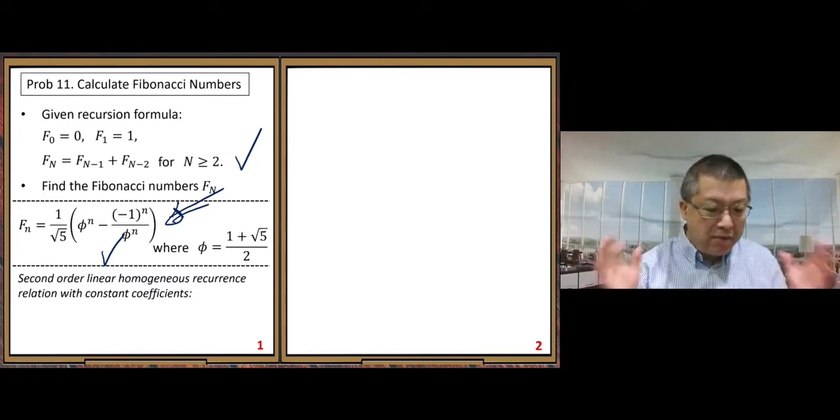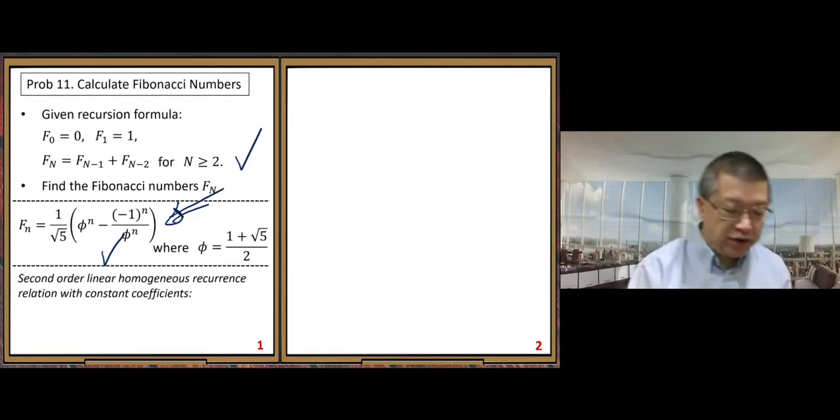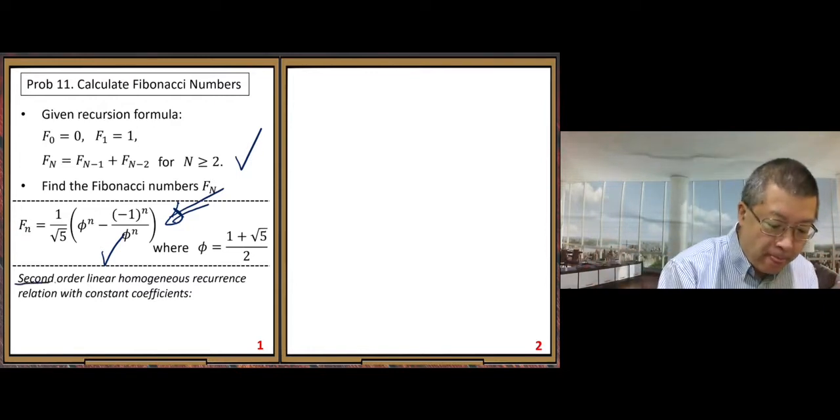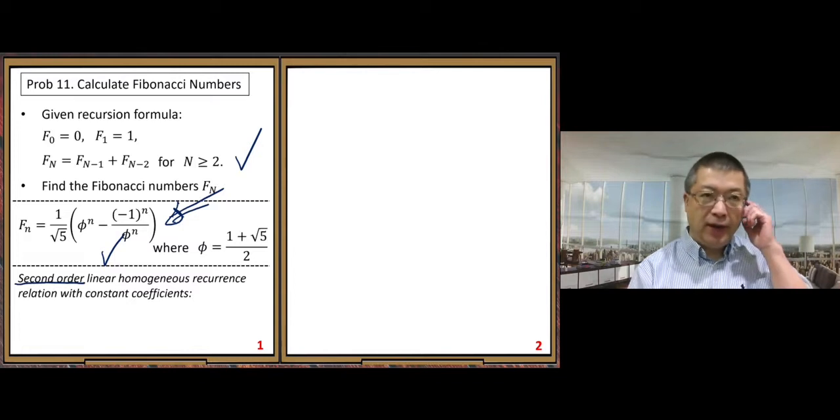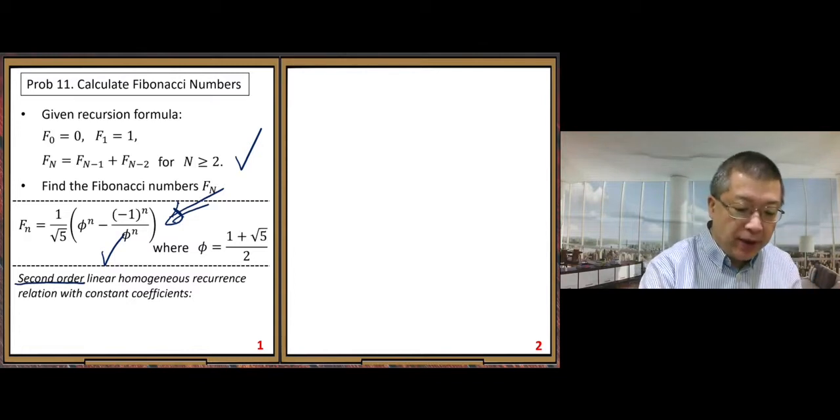You can see the name is so long. First, second order. It looks like we are working on a sub n equals a sub n minus 1 plus a sub n minus 2.